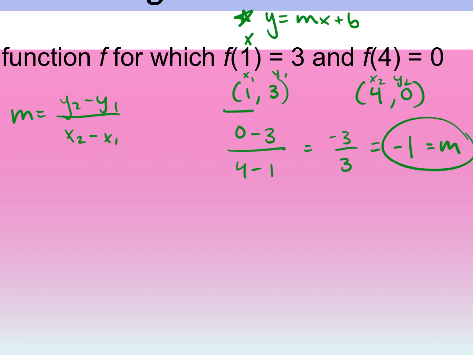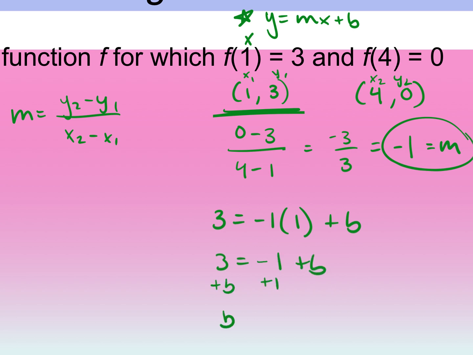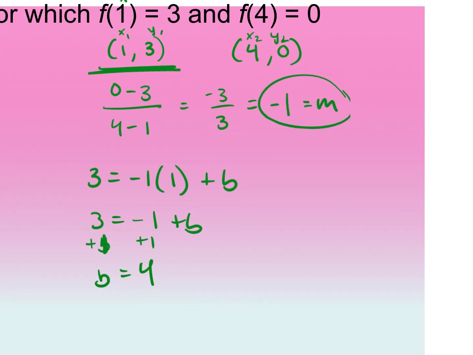I'm going to use my point that's given. 3 is equal to, our slope is negative 1 times x, which is 1, plus b. So 3 equals negative 1 plus b. B equals 4. So if we're writing our equation, we have y equals what? Negative 1x, or we could just say negative x plus 4.